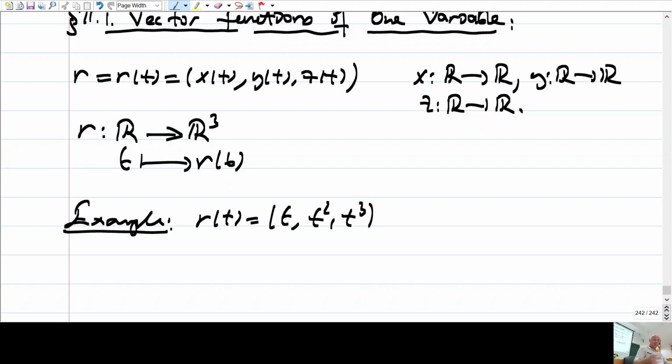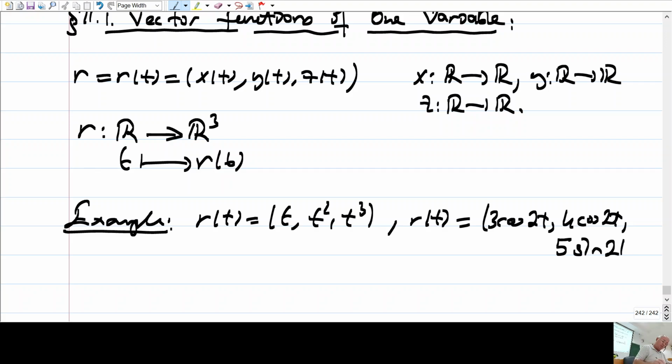Okay, this is one example of a function. Another one, let's say 3 times cosine 2t, 4 times cosine 2t, and 5 times sine 2t. Okay, this is another example.